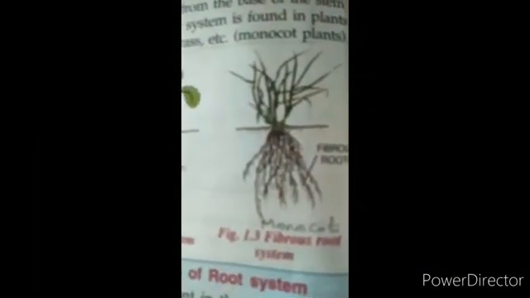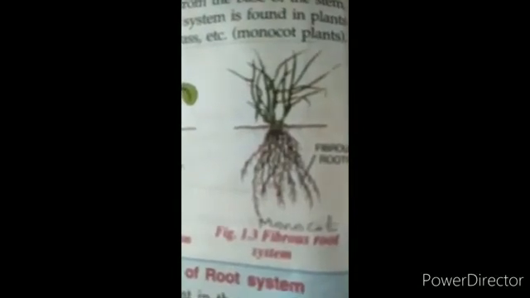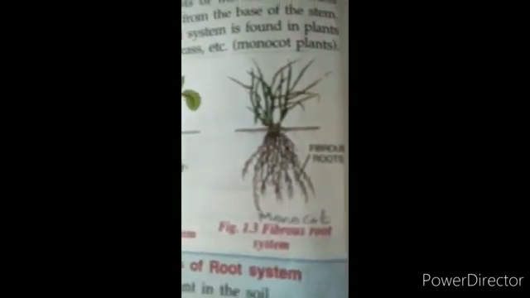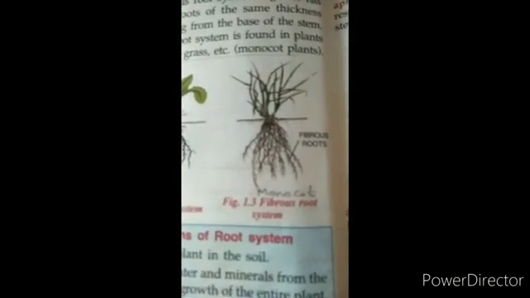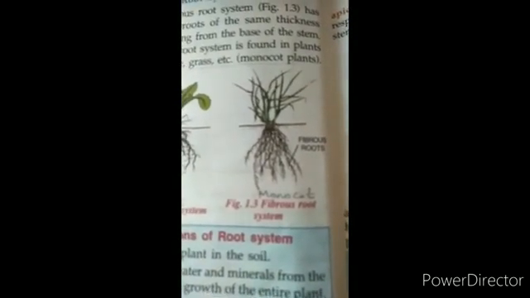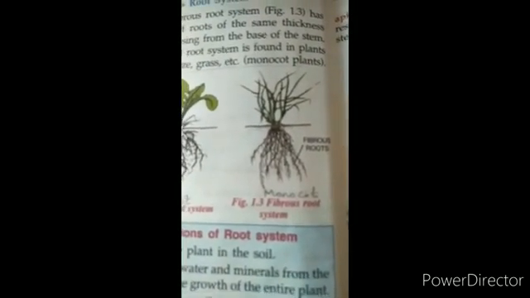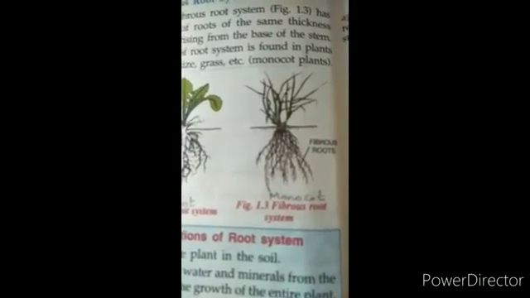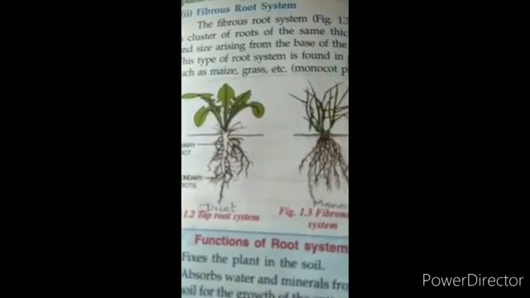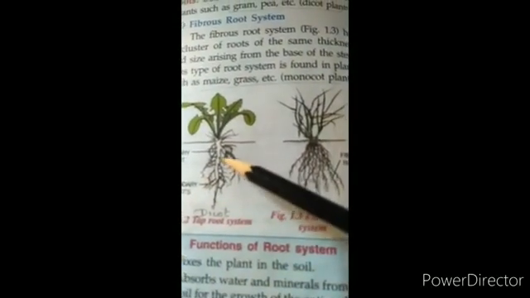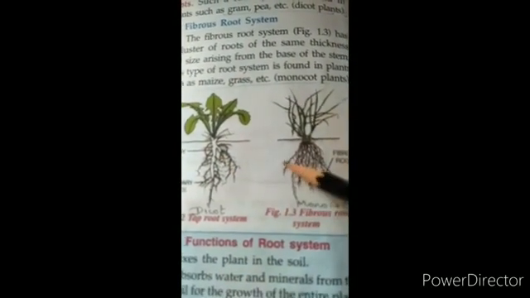Okay, so fibrous root, if we have a look at one example here, the figure is given very clearly. Now in this fibrous root system, we are not able to see any dominant root, any root that is thicker than the other. Just as we were able to see one thick one in the taproot, here we cannot see any thick one.